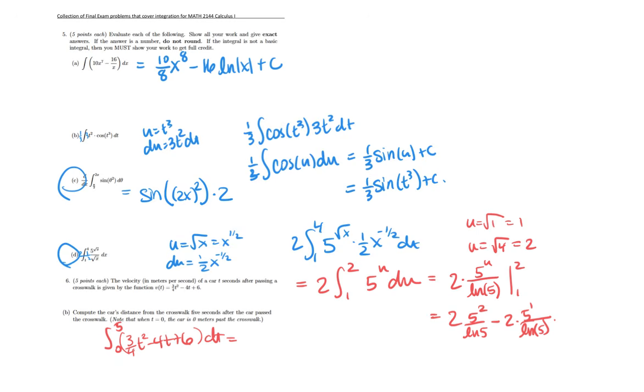So an antiderivative of that will be 3 over 4 times 1/3 t cubed minus 4 over 2 t squared plus 6t, and I'm going to evaluate that from 0 to 5. So if I plug in 5, I'll have 1/4, if I reduce that, 5 cubed minus 2 times 5 squared plus 6 times 5. And then minus all the rest of that's going to be 0. So I can compute that and get a number value for that.